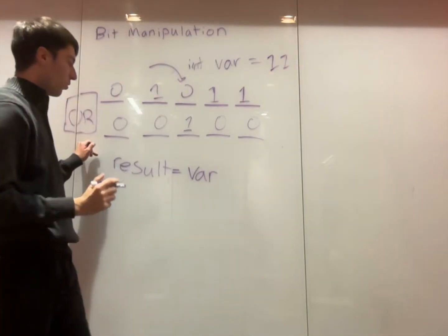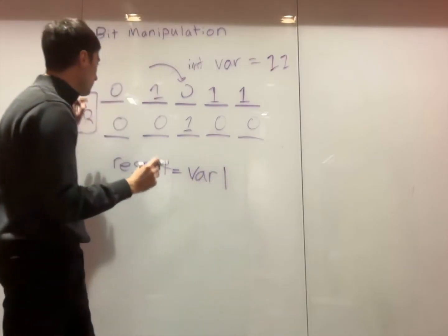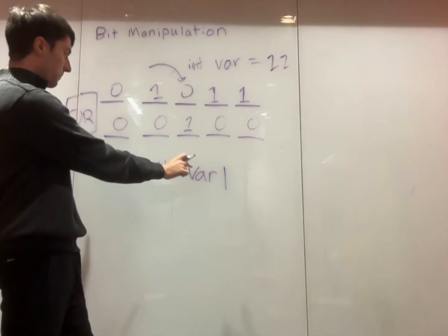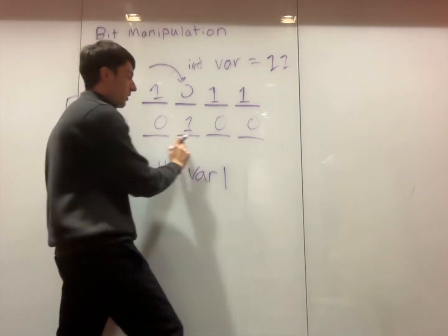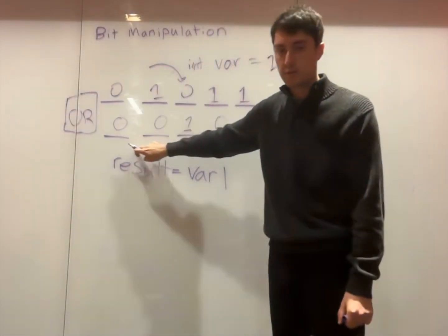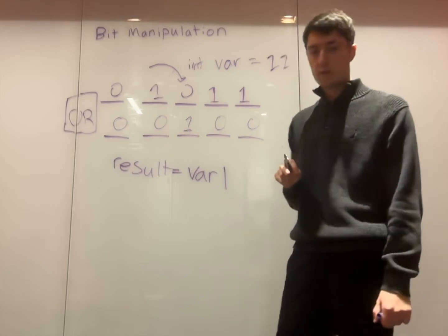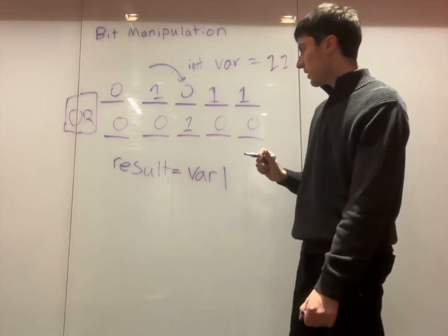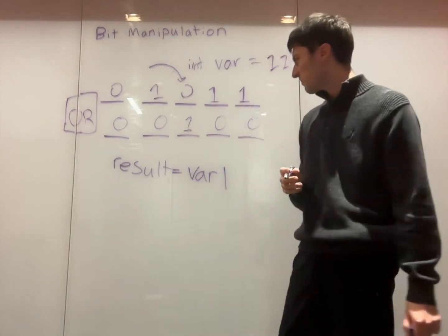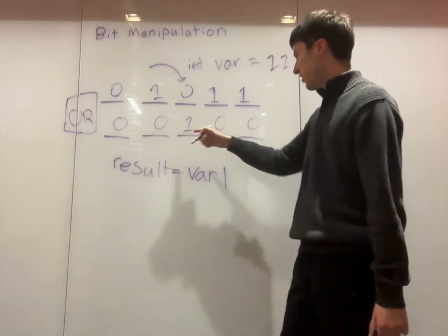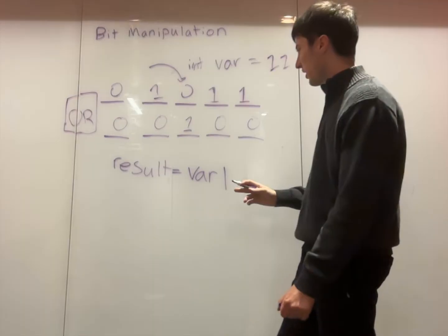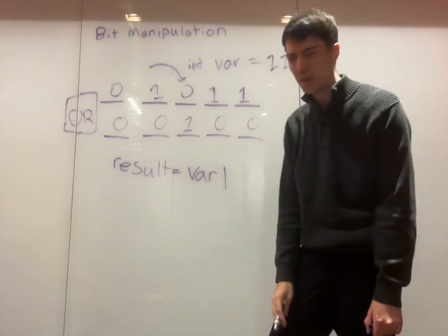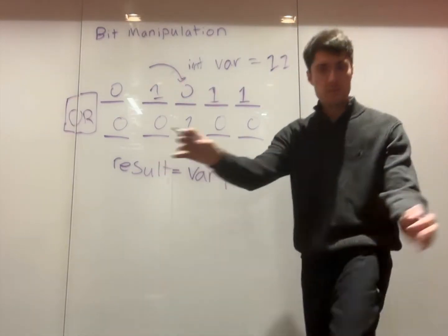Now we want to do the or, that's on one side, and then the or. Okay, how do we create this? That's kind of annoying, right? I can't just do int and then 100. That's going to be 100. How do I create the binary of that?